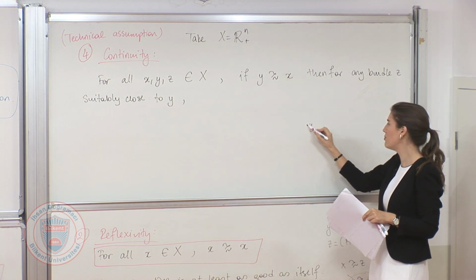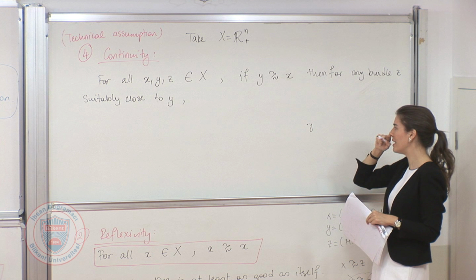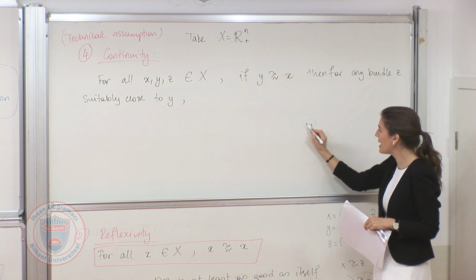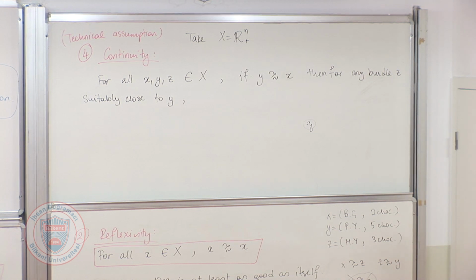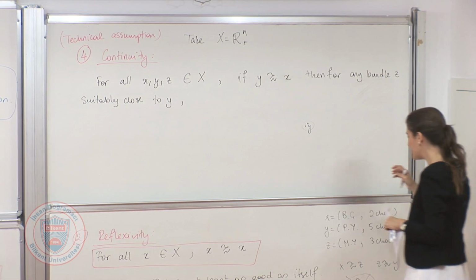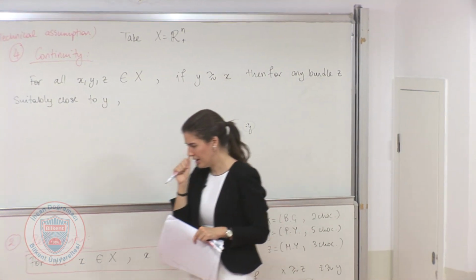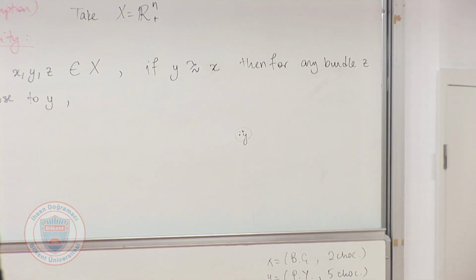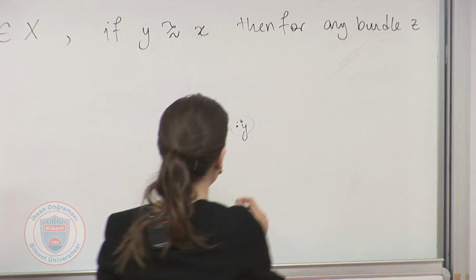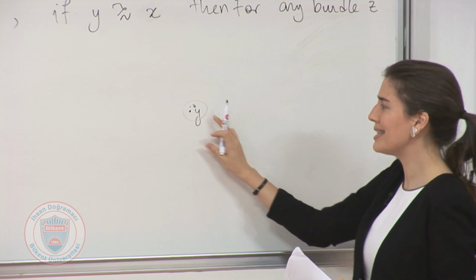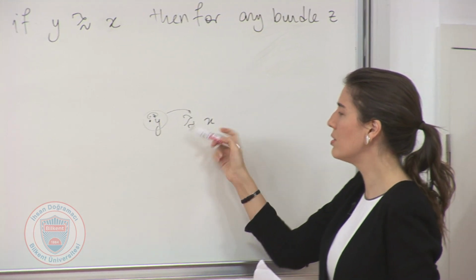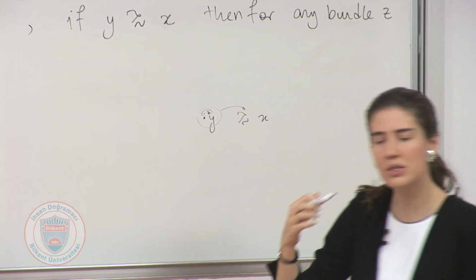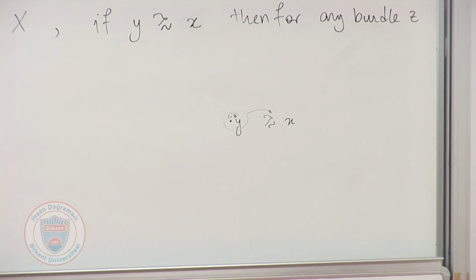So suppose y is here, and you know that y is at least as good as x. There is a z which is very close to y. Let's say we represent everything in the positive quadrant. If z is very close, and y is at least as good as x, then z should also be at least as good as x. So this is what we mean by continuity.